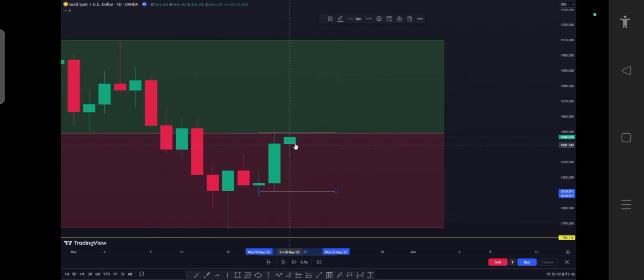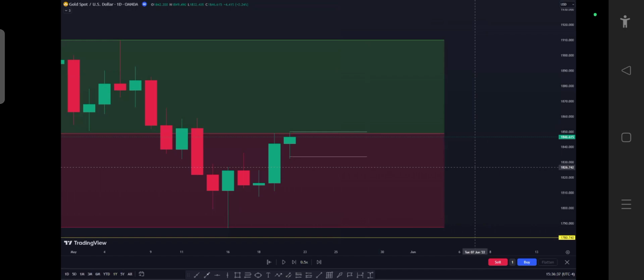It hasn't taken out that high, but remember it hasn't taken out this low yet. So let's stick to that bias. Now we want to see this candle's high supported, and this candle's low supported.